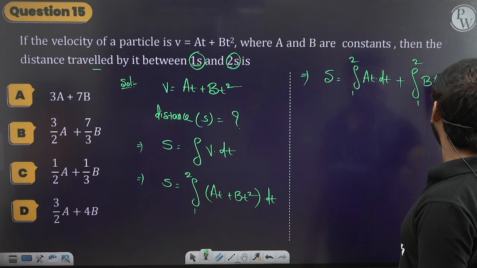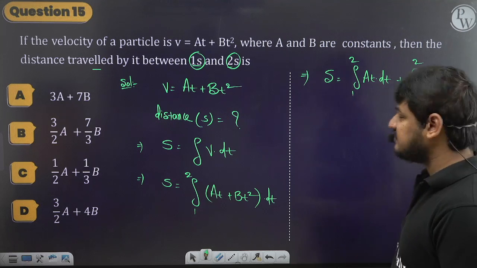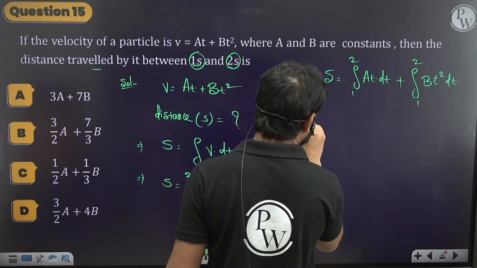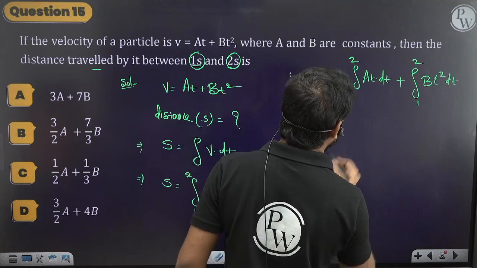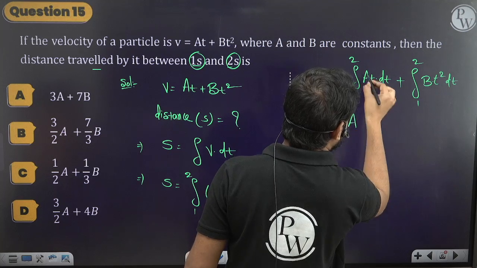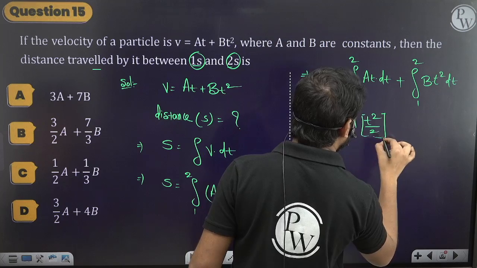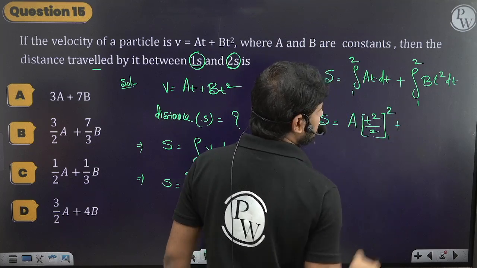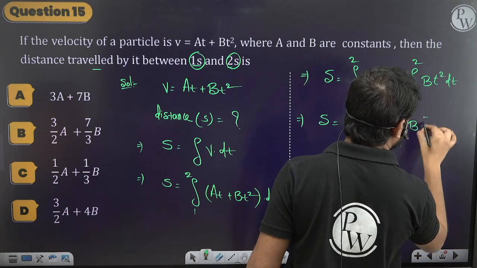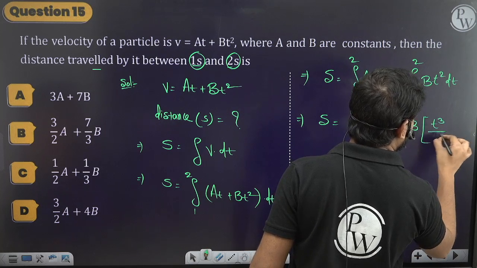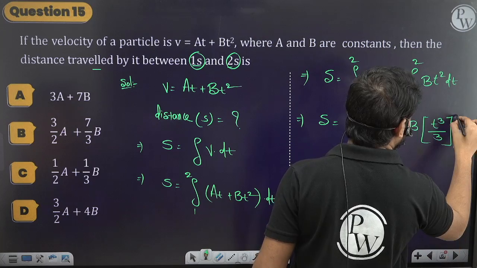To avoid confusion, let's write it individually so that you understand better: the integration from 1 to 2 of at dt, plus the integration from 1 to 2 of bt² dt. Now the displacement: a is a constant and the integration of t is t²/2, from 1 to 2, plus b is a constant, take it out, and the integration of t² is t³/3, from 1 to 2.